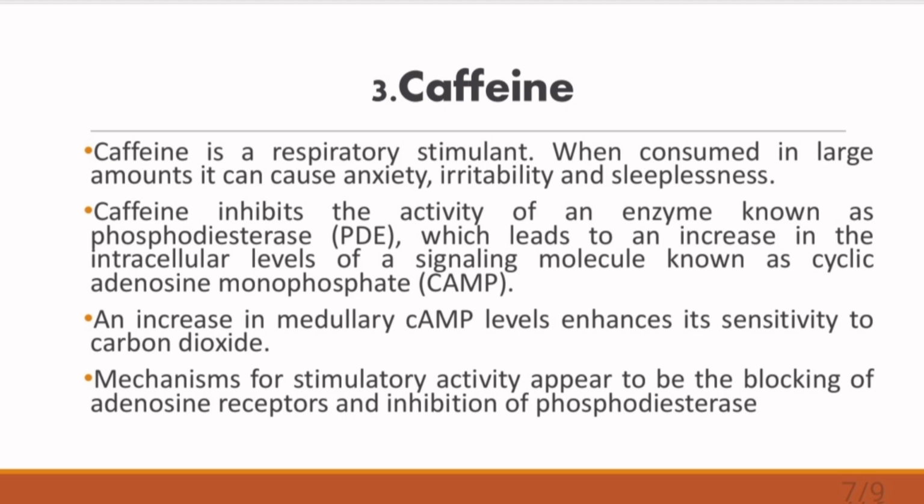It increases medullary cAMP levels, which enhances its sensitivity to carbon dioxide, and the mechanism for the respiratory activity appears to be the blocking of adenosine receptors and inhibition of phosphodiesterase.